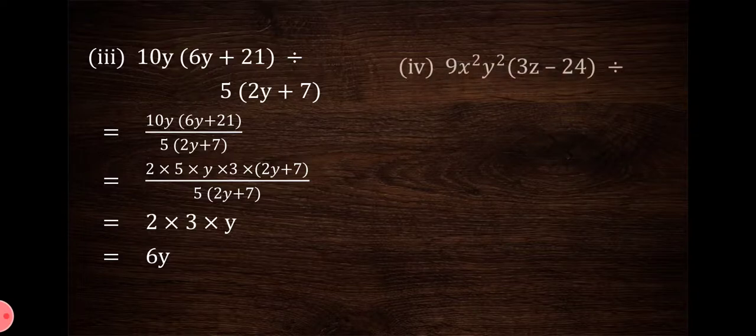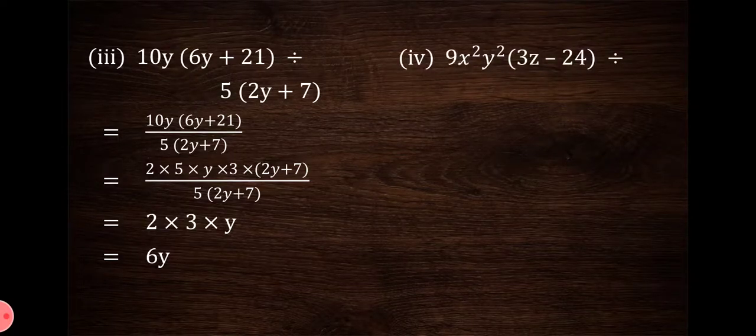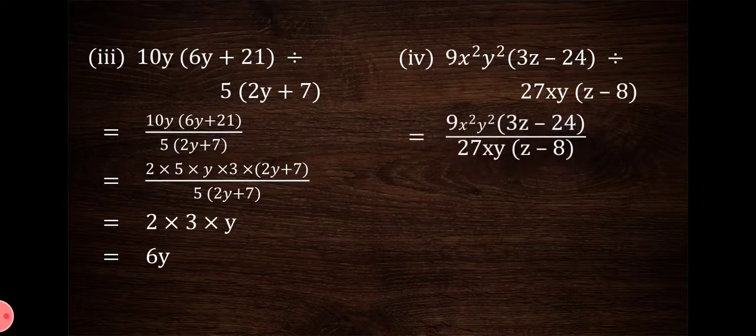Question number 4. 9x square y square into 3z minus 24 divided by 27xy into z minus 8. Let's write in fraction form, that is equal to 9x square y square into 3z minus 24 upon 27xy into z minus 8.